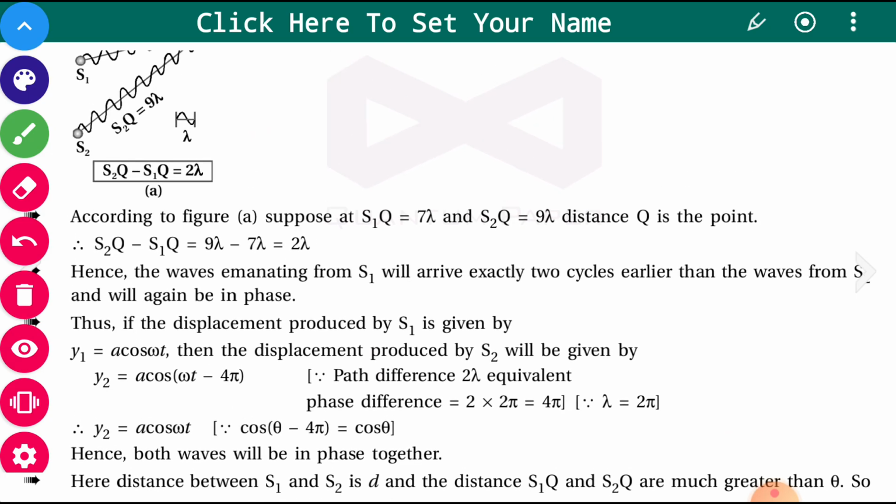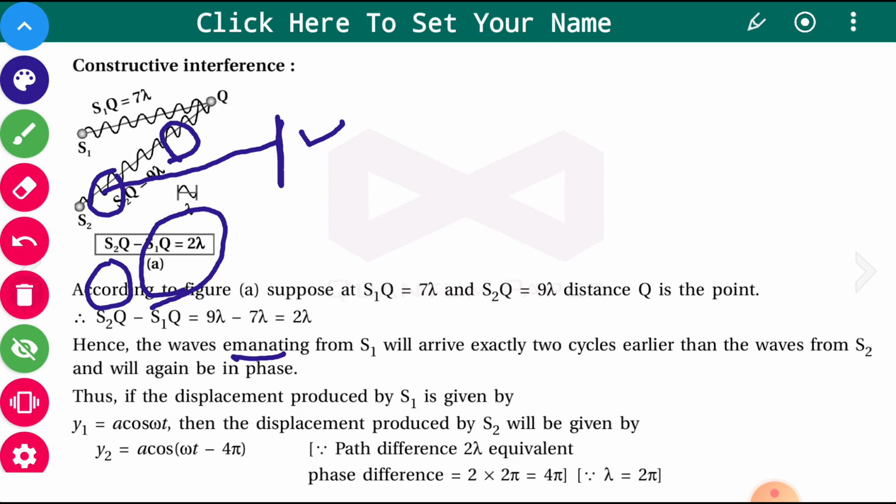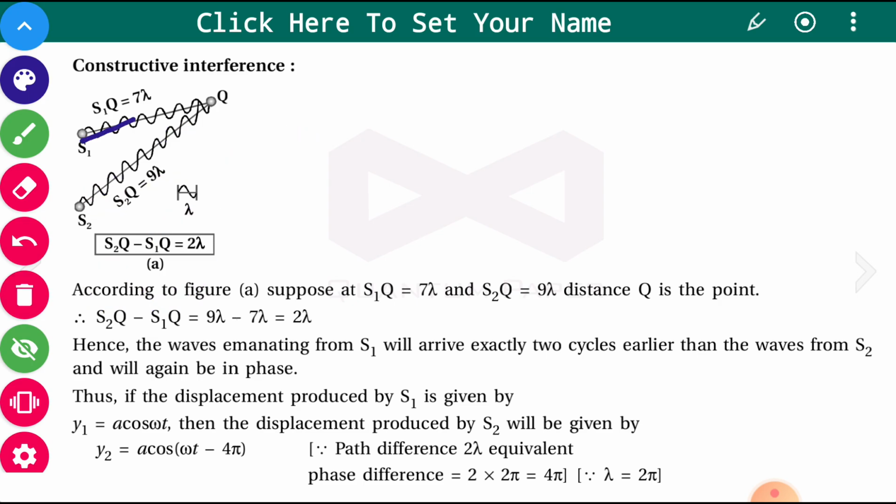So waves which are emerging out from S1, because they have to travel less distance, will reach earlier at point Q, and the waves which are coming from S2 will reach late. But how much late? The difference is 2 times lambda, 2 times wavelength.